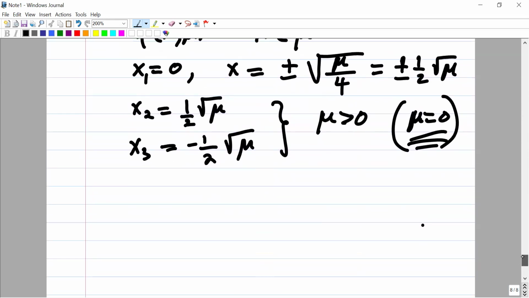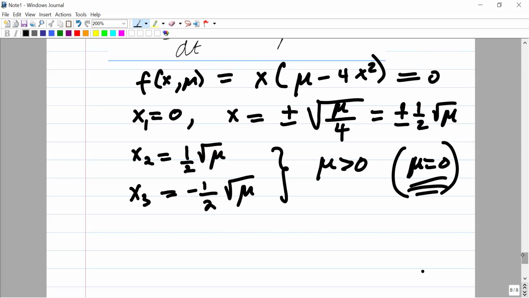And it is important to also note that x1 equal to 0 exists for mu between minus infinity and infinity.